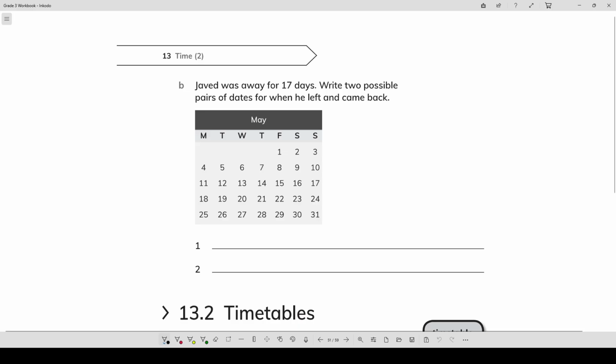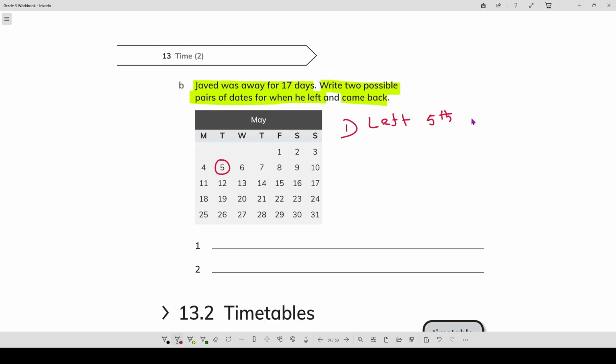9b. Javed was away for 17 days. Write 2 possible pairs of dates when he left and came back. This is also the same thing. Suppose he left 5th May, and came back 5 plus 17, it means 22nd May.